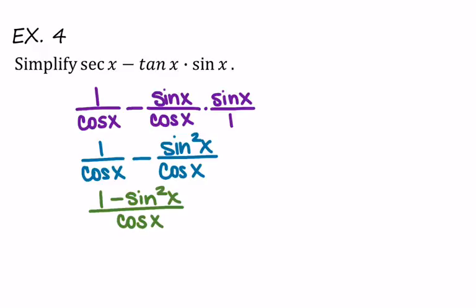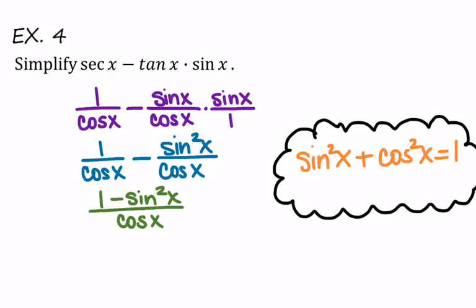Now I'm going to go over here and do some work in the cloud off to the side. Anytime you see some type of trig function squared, you're probably going to use one of the Pythagorean identities. And I'm going to use the first one, sine squared plus cosine squared equals 1. Now to help me out for this problem, I want to rearrange this Pythagorean identity so that I can substitute something in for 1 minus sine squared x.